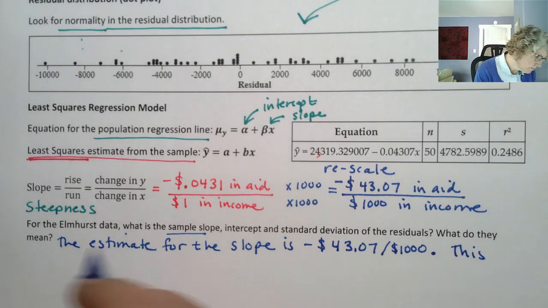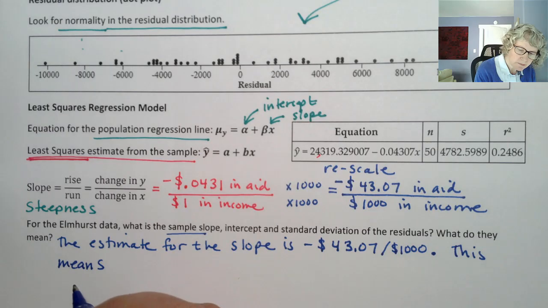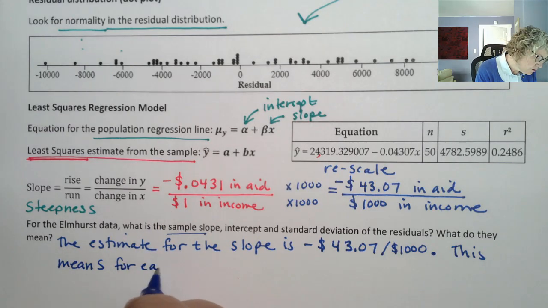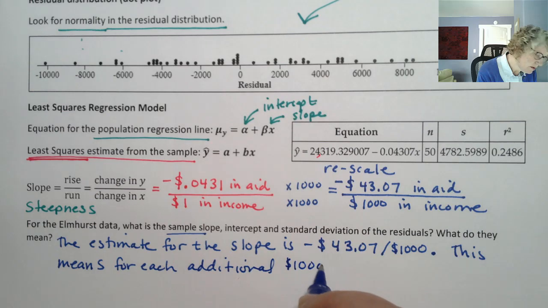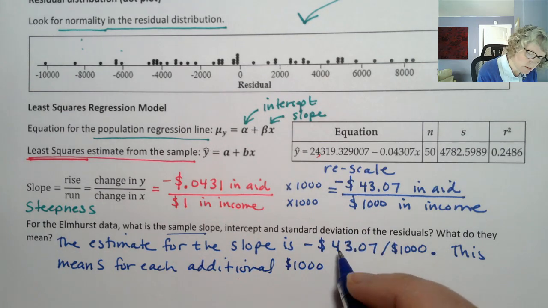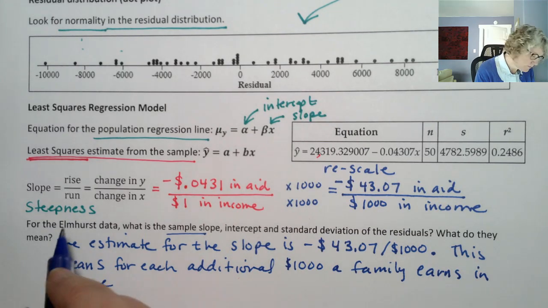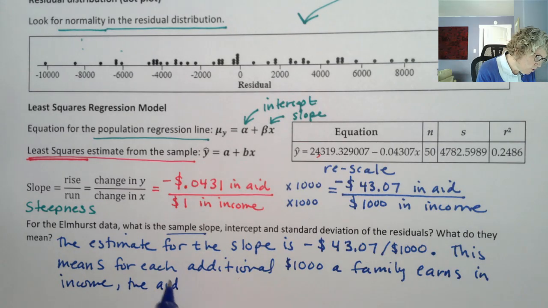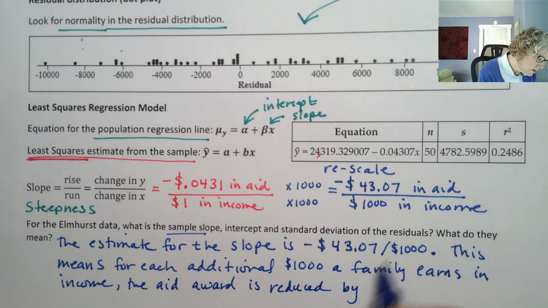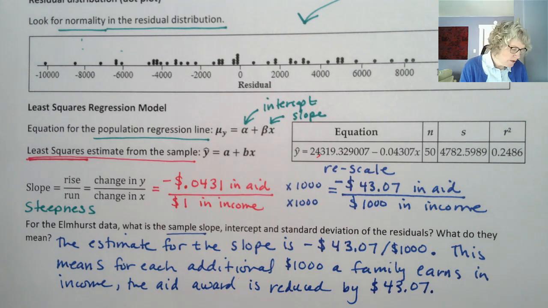So this means for each additional 1,000 a family earns in income, the aid award is reduced by, and reduced is my negative sign, reduced by $43.07.